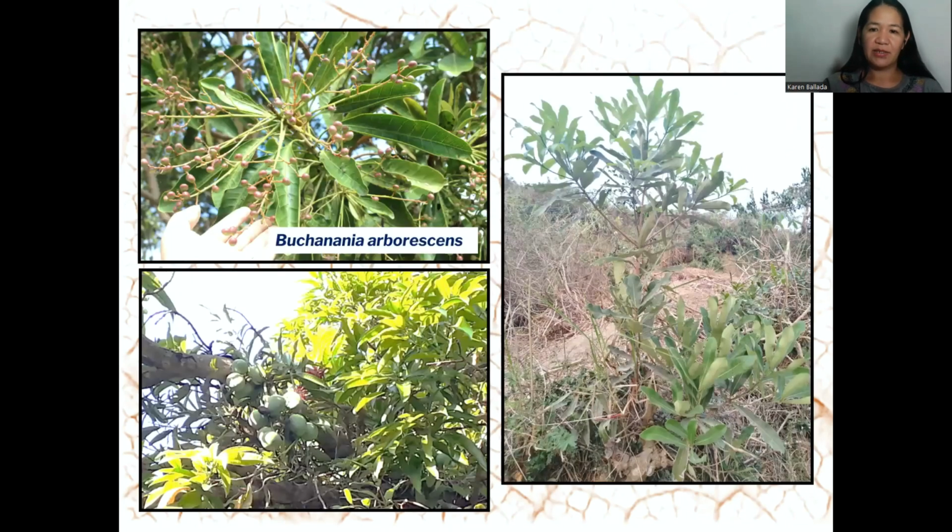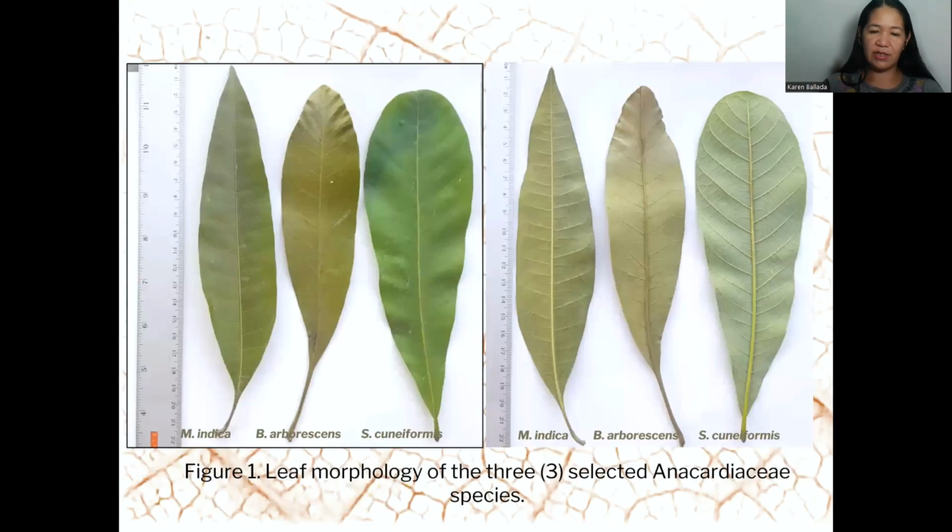These are the pictures of the three specimens: Buchanania arborescens, the lower left is the Mangifera indica, and the right picture is the Semecarpus cuneiformis. These are the leaf morphology of the three. If we put them side by side, we can see some of the differences.